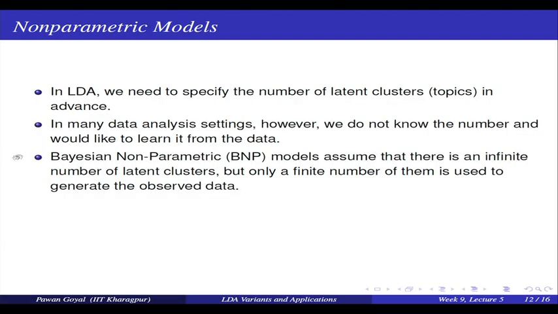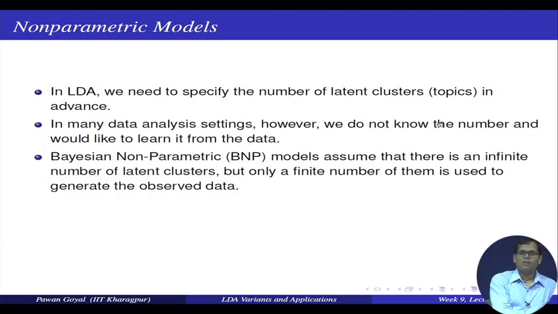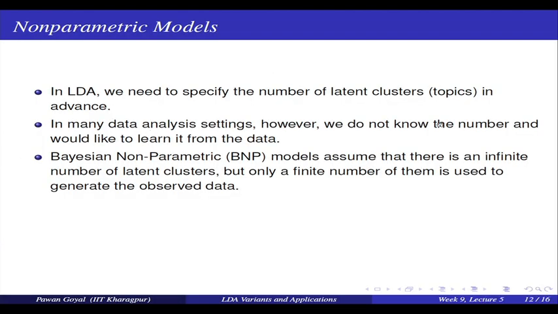And that's where we come to this topic of non-parametric Bayesian. So this parameter goes away. You do not have this parameter of number of topics anymore, okay? So in many data analysis settings, we will not know what is the number of topics a priori.